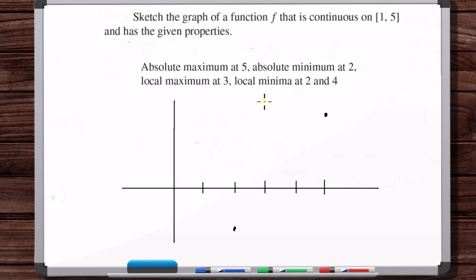A local max at 3, a local min at 4. Well, let me try and draw this better.